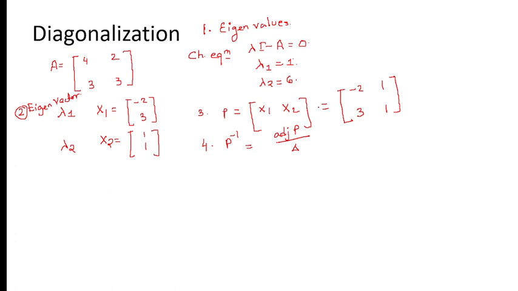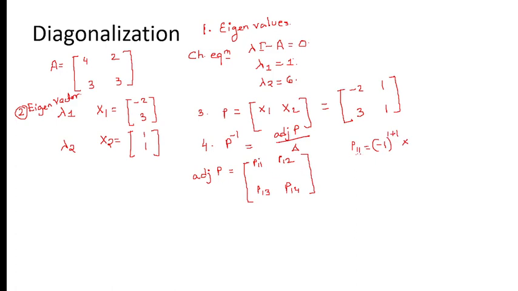The adjoint of P will have cofactors, suppose P11, P12, P13 and P14. These are the cofactors. How to get them? Suppose P11. The P11 cofactor has the formula -1 to the power of its position, that is first row, first column, so 1 plus 1, into the minor.